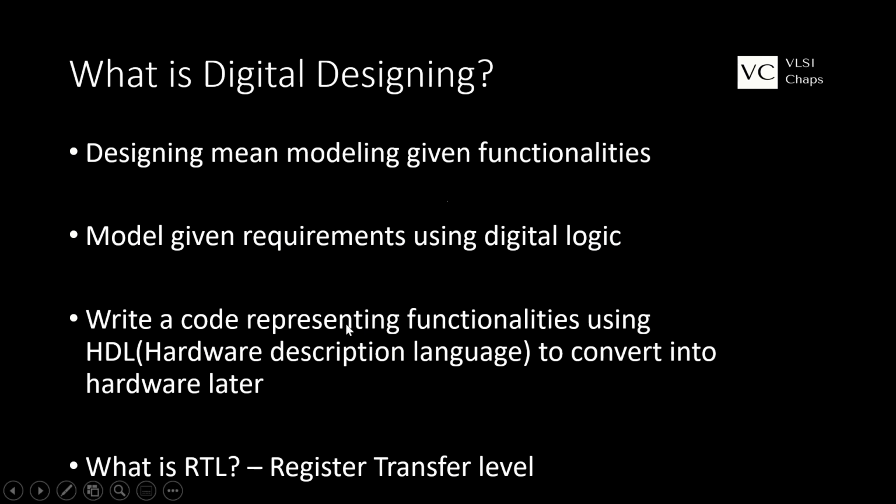So we write a code representing our functionalities using HDL to convert it into hardware later. So first we write a code as per our requirement, and then we convert it into hardware later to check our design, to check whether our functionalities are working properly or not.